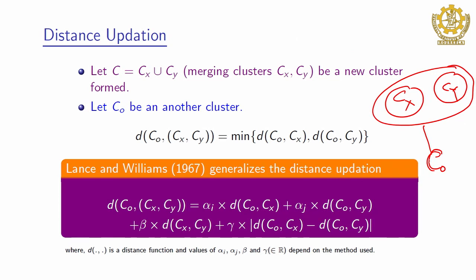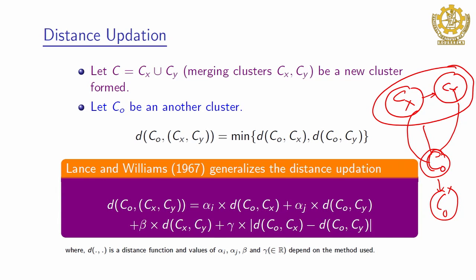Earlier you know the distance from C 0 to C x and you know the distance from C 0 to C y. This is not sufficient. You also know the distance from C x to C y, because that is why you merged, because you found that this is the minimum and then you merged it. And the distance from C 0 to, say, C 0 dash, there won't be any change in the distance from this cluster to this cluster, that we learned yesterday, okay.